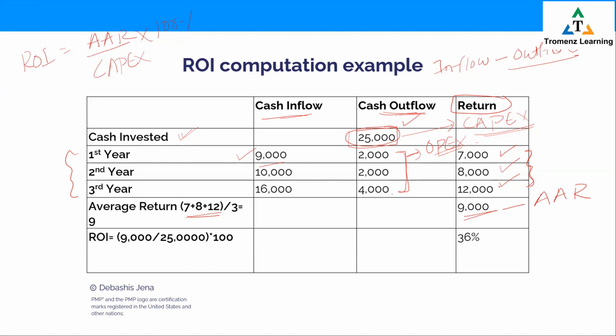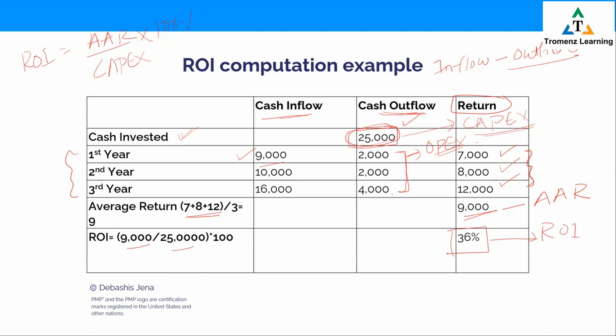So if you place the values in the formula, average annual return 9,000, the CapEx or initial investment 25,000, into 100. That comes to 36%. So the ROI of the project is 36%. This is how we calculate ROI for any project.